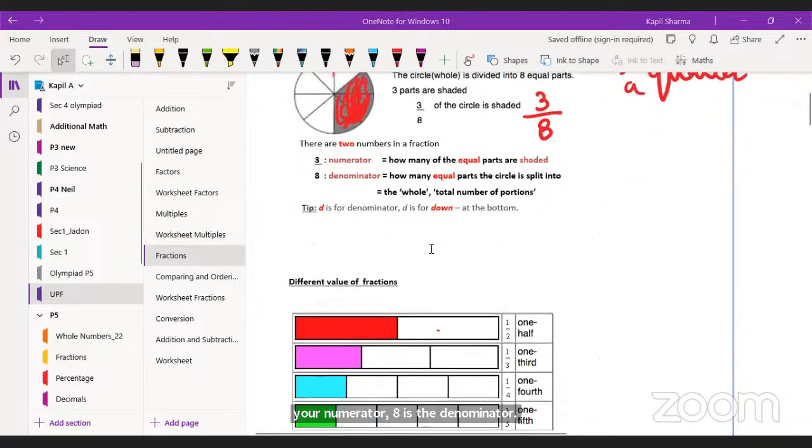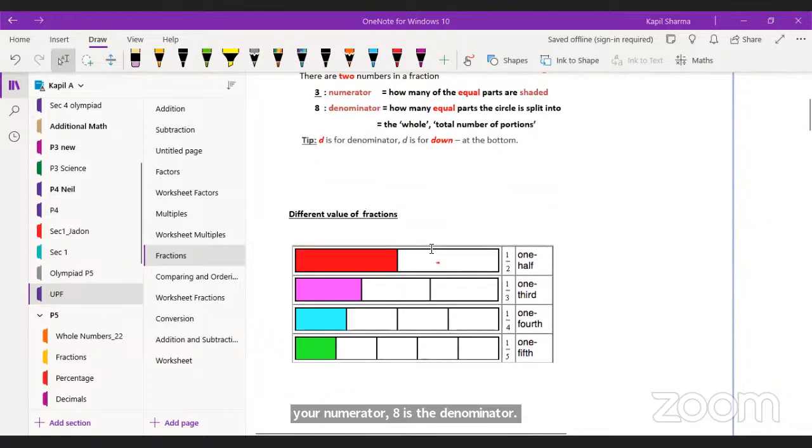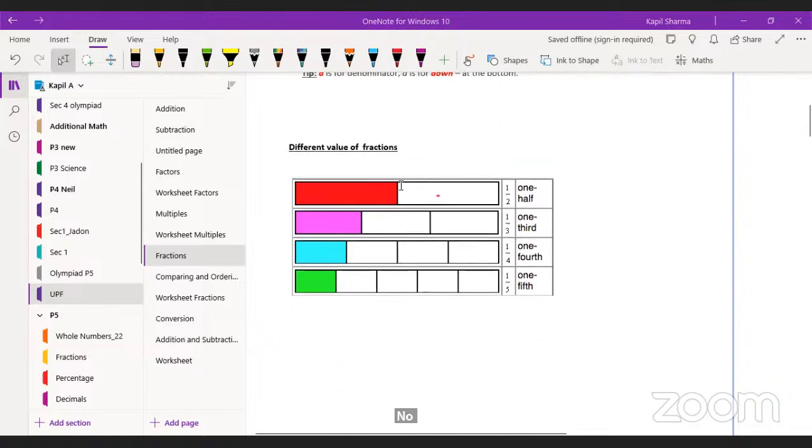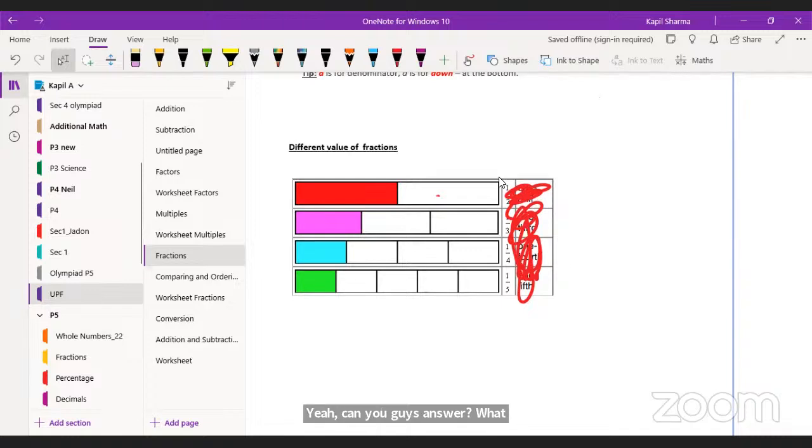Fine. Now, here you can see different values of fractions. Let's ignore this for now. Can you guys answer, what does the first shaded region represent in terms of fractions?